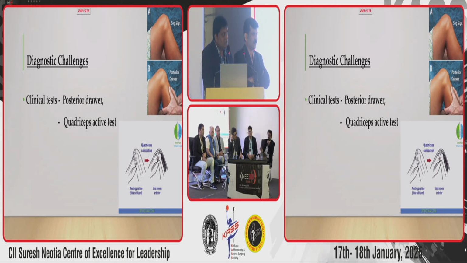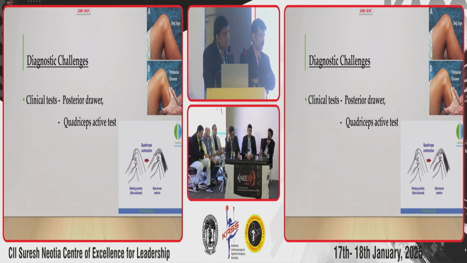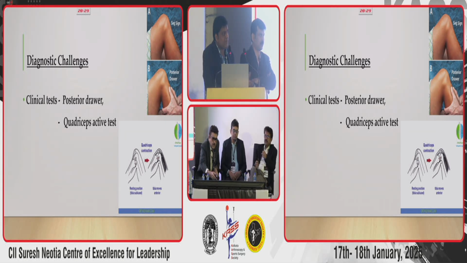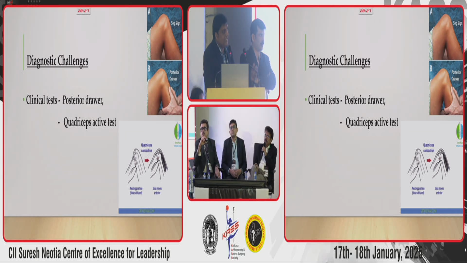That draws our attention that there may be something wrong inside the knee joint, and often, in contrast to ACL, they do not complain about instability. They tell that something is wrong inside the knee joint, and sometimes they ignore that. Sometimes the general practitioners also ignore that, and they come as a late presentation of ACL or PCL. Most of these patients may complain of pain and discomfort rather than instability in the acute scenario.